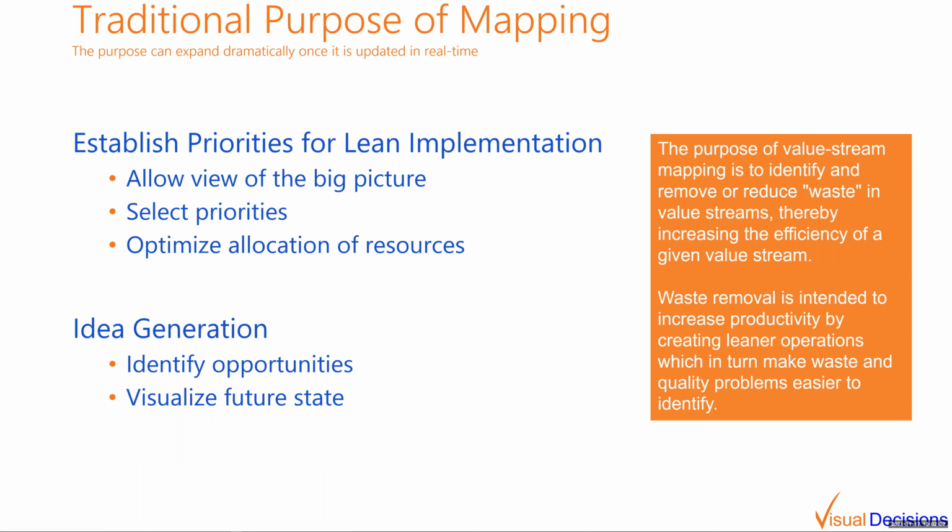Value stream mapping accomplishes these goals by allowing the team to see the big picture of how materials and information flow through the manufacturing process. This visualization allows them to identify areas of waste, select priorities, and allocate resources to optimize the flow. In addition, the mapping process helps the team generate ideas on what the next future state of the process looks like, as well as the ideal future state.